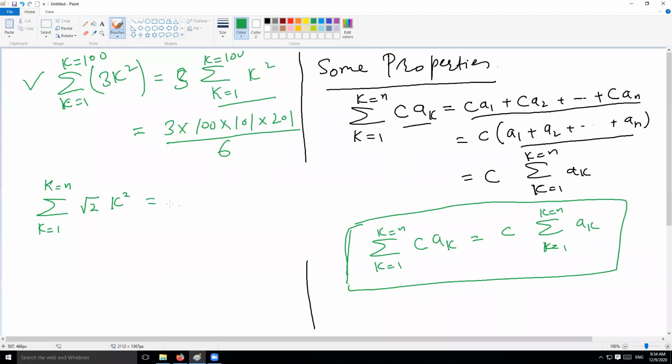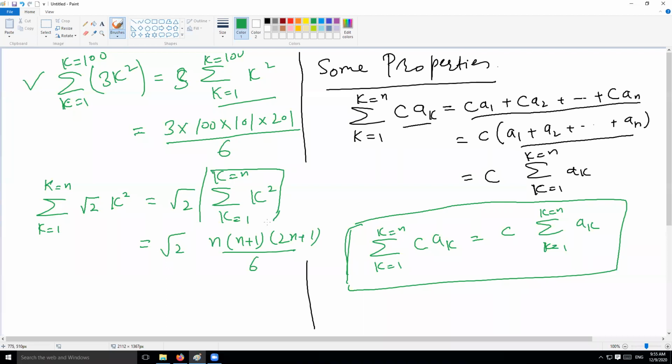I'm going to say, pull out the square root of 2 outside of the sum because this is like a constant, and then the sum from K equal to 1 to K equal to n of K square. Now what is this sum? I know that this is equal to square root of 2 times n, the last term, times n plus 1 times 2n plus 1 divided by 6. So from this formula, which was already known to me, I derived a formula for this. Are you getting the point?